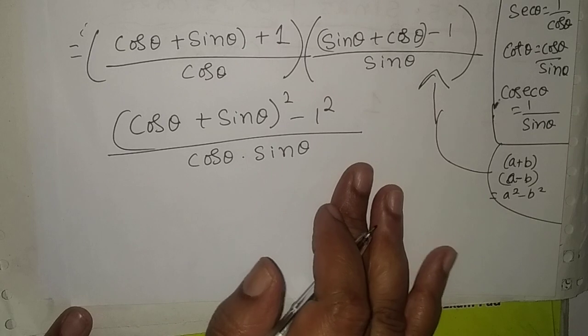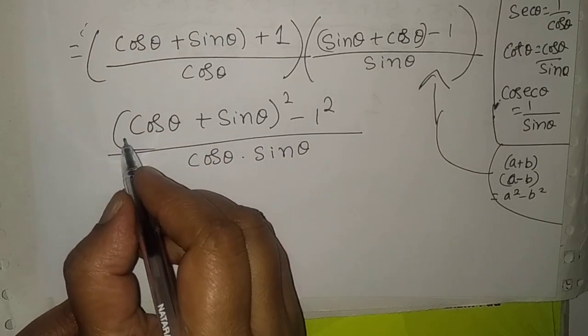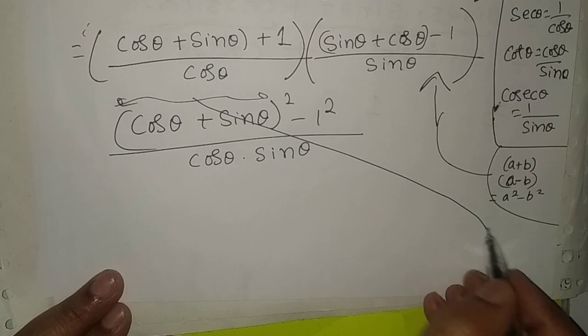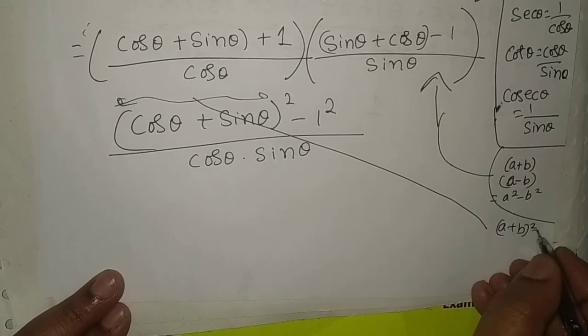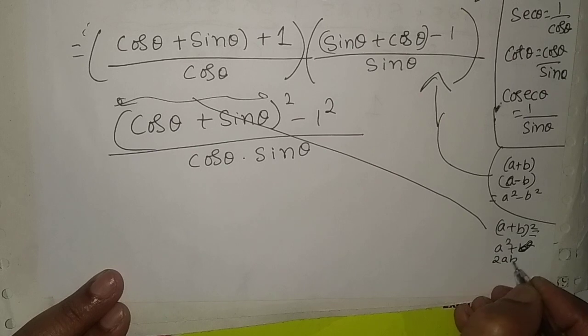After this, for this part apply a plus b whole square, that is a square plus 2ab plus b square.